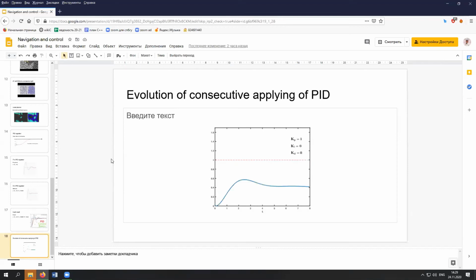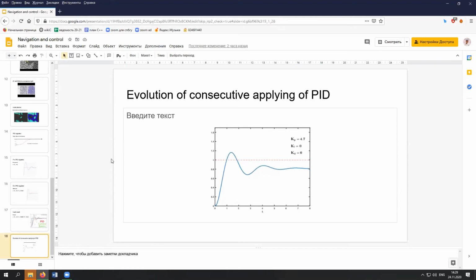But I visited one conference where there was a professor whose main idea of his report was that there is nothing more efficient than PID regulators when we're talking about trying to keep the trajectory.